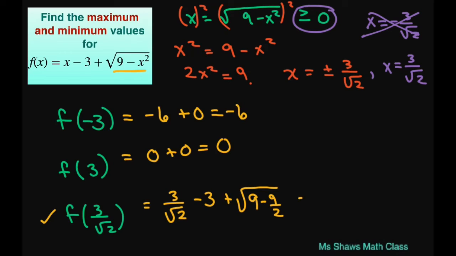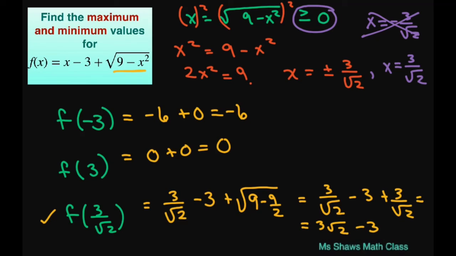This is going to equal 3 divided by square root of 2 minus 3 plus 3 divided by square root of 2, which, if you simplify these two, you get 3 square root of 2 minus 3, because you have 2 of these. And just rationalize the denominator.